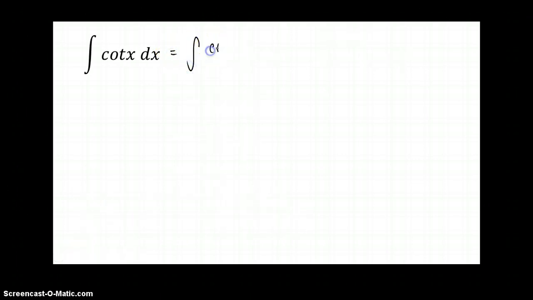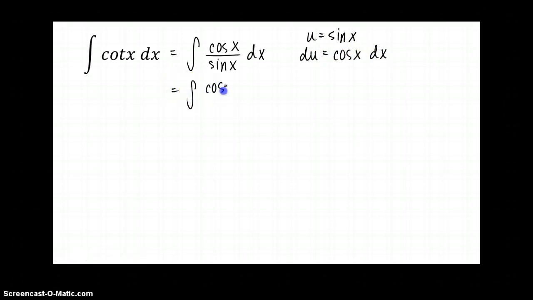Using the same reasoning, we'll rewrite cotangent as cosine of x divided by sine of x. Selecting sine for u makes du cosine of x. So we have cosine of x over u times du over cosine of x.